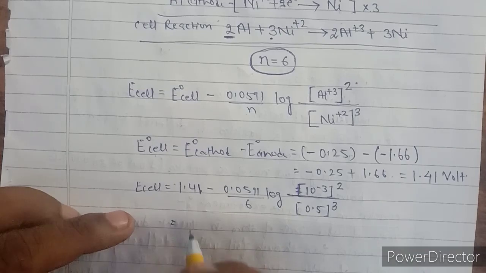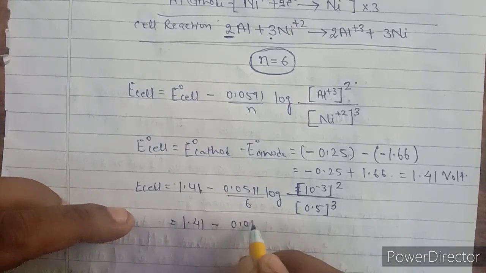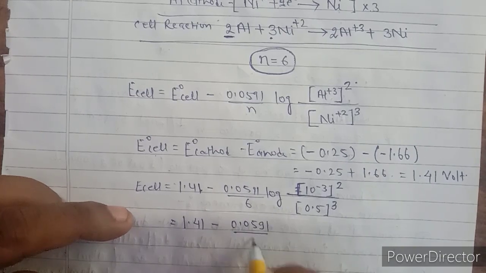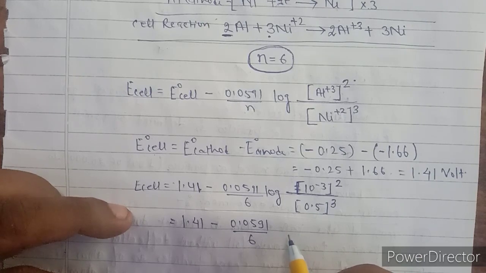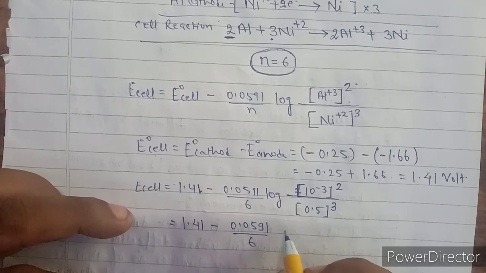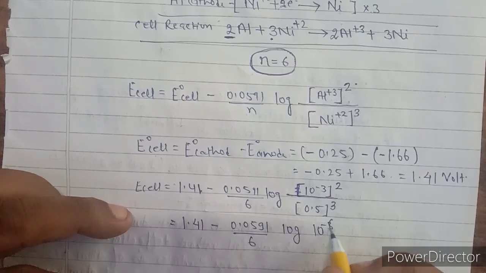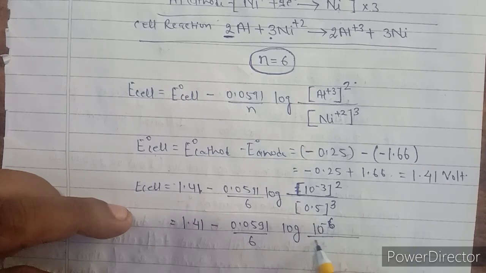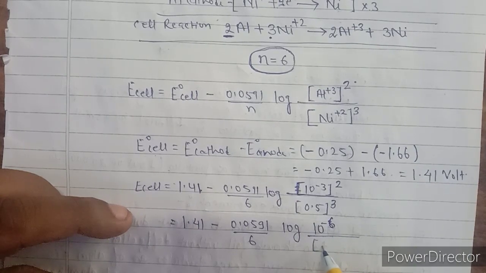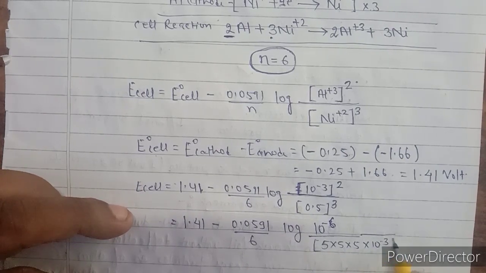When you solve this, 1.414 minus 0.0591 divided by 6 log, the numerator is 10 to the power minus 6, and in the denominator 5 into 5 into 5 into 10 to the power minus 3, like this.